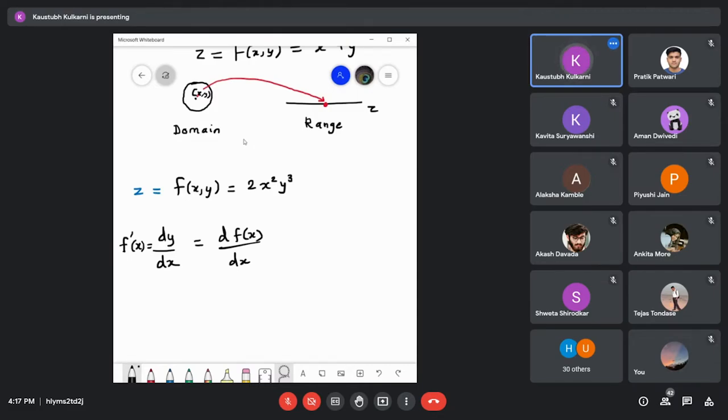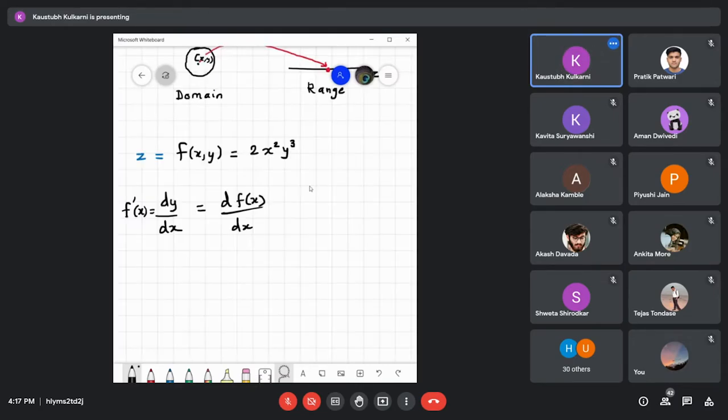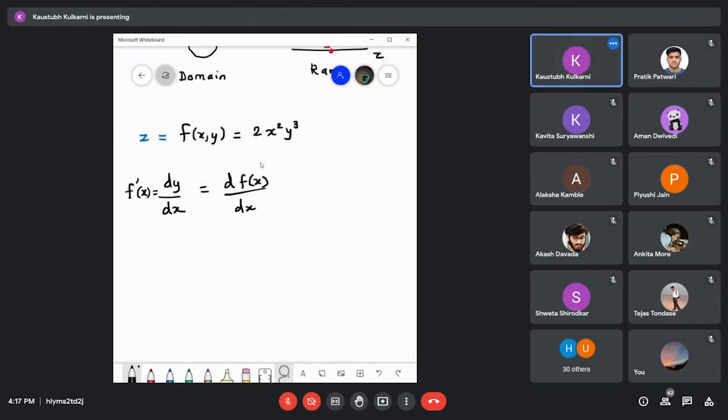Let's say we want to find the rate of change of this function f(x, y) is 2x square y cube. We want to find its rate of change at a particular point, let's say at a point (a, b), where a and b are constants.